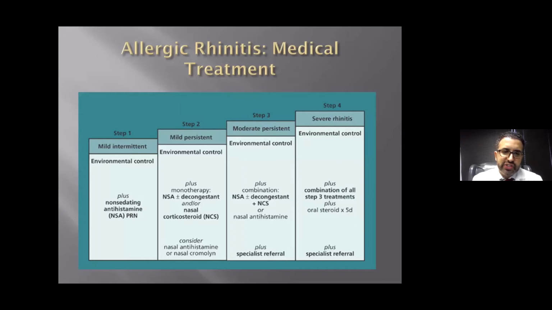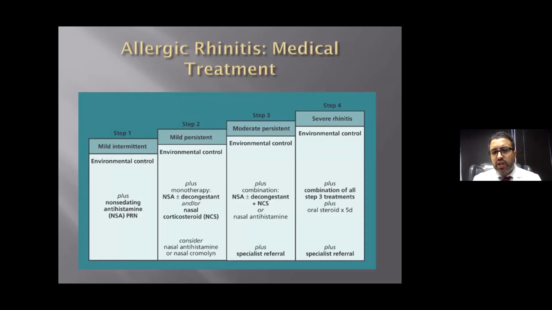So this slide is kind of a busy slide, but essentially what it's trying to do is highlight the different treatments depending on the severity of allergies. For people that have allergies, we like to start with environmental control, figure out what they're allergic to and avoid that. If you're allergic to horses, maybe a good idea not to be around horses. Maybe if they have a lot of hay fever symptoms, we give them an antihistamine at bedtime.